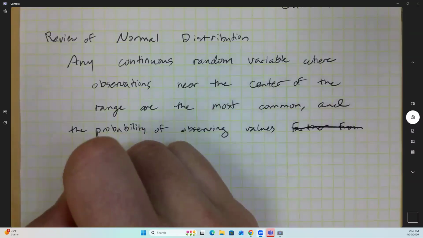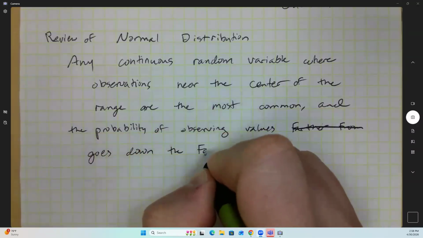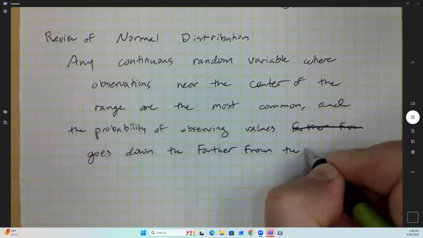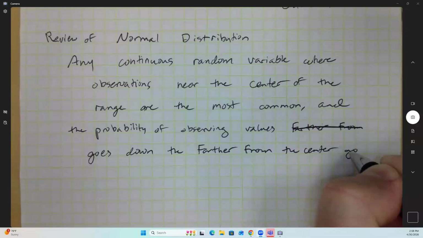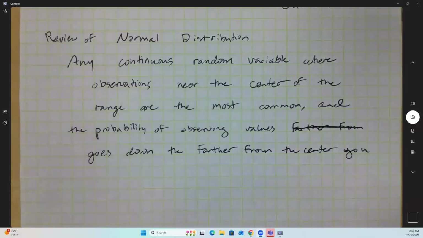Let me say it this way, it goes down the farther from the center you are.